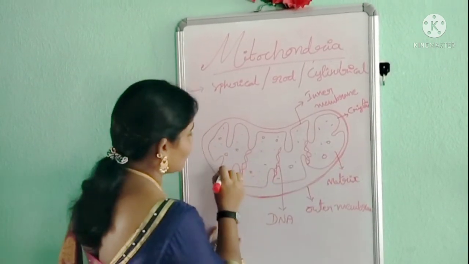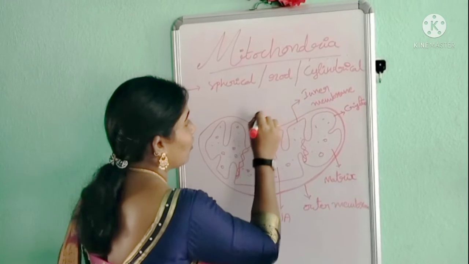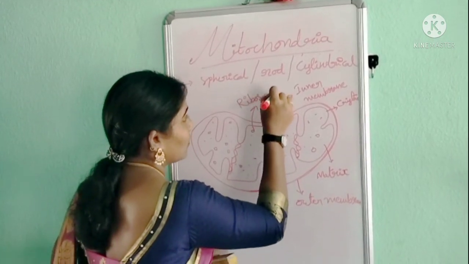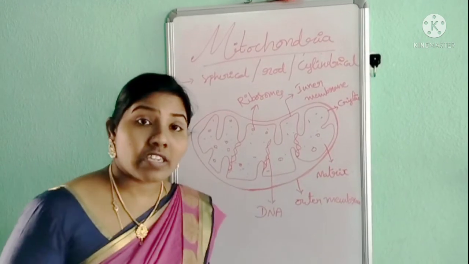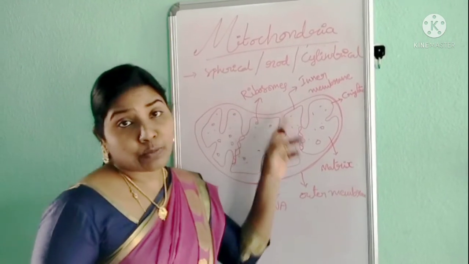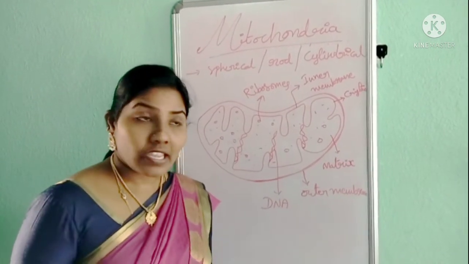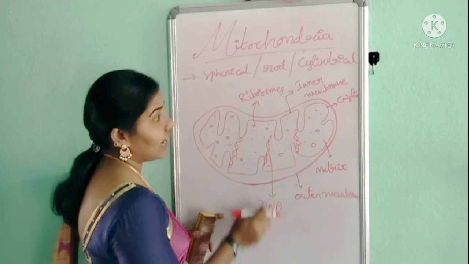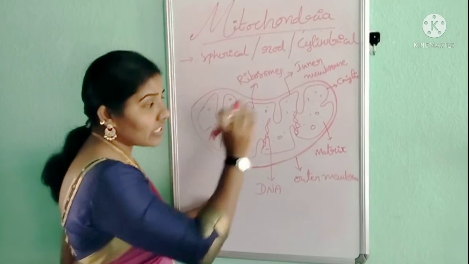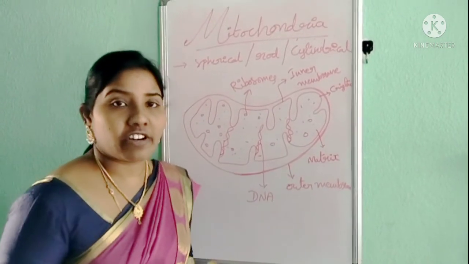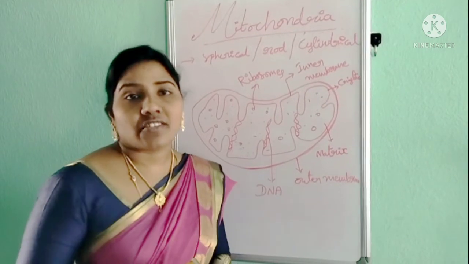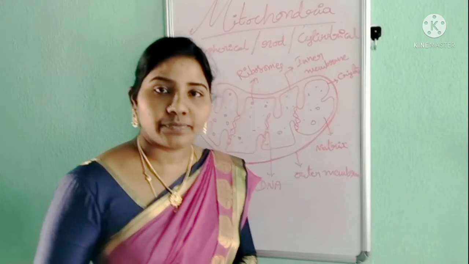So mitochondria have DNA and ribosomes of their own. That's why they carry out activities on their own. So this is DNA and these are ribosomes. These are the main parts of mitochondria. Now we will learn about the complete structure in the coming video.